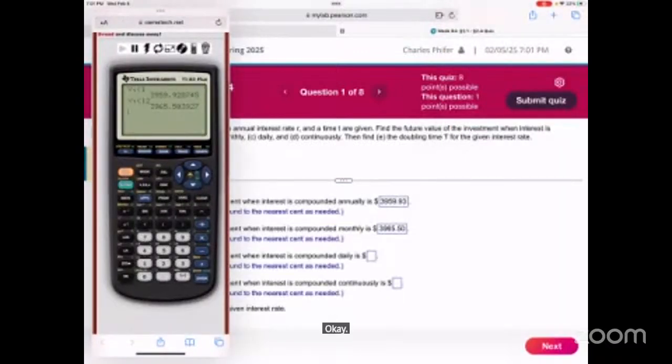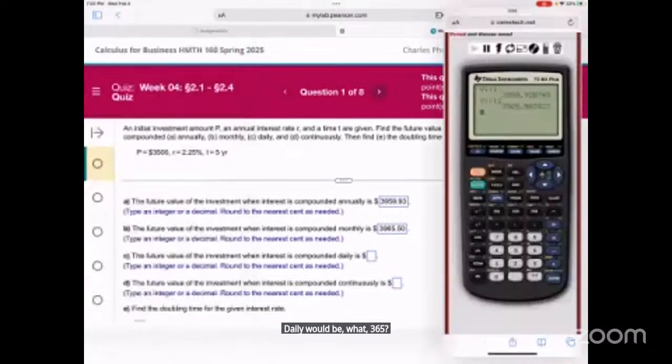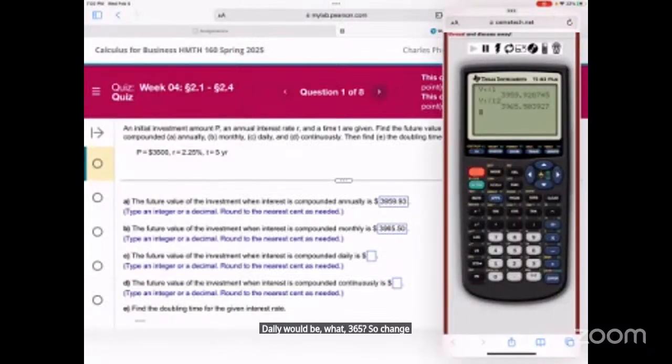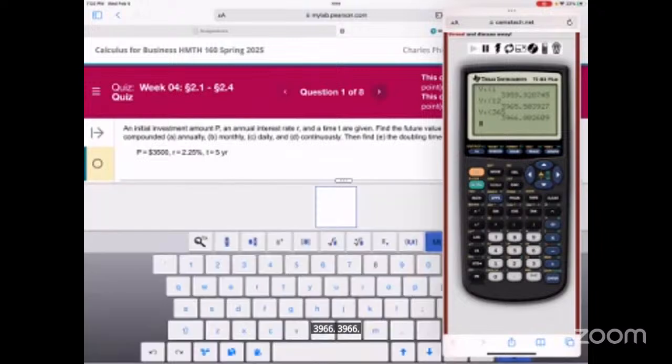Daily would be what, 365? So change the 12 to 365 times in a year. 39.66. I'm just going to go with that result.